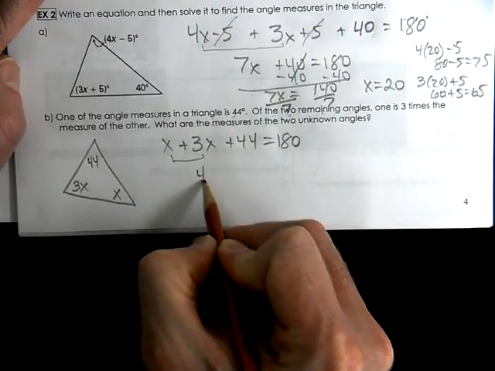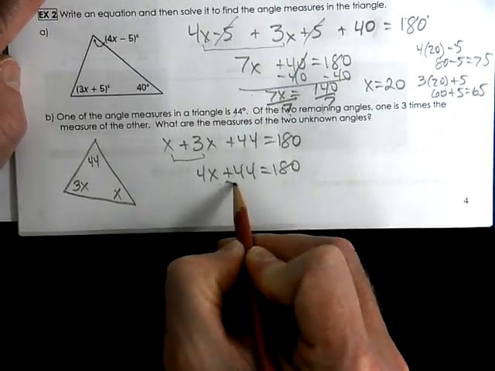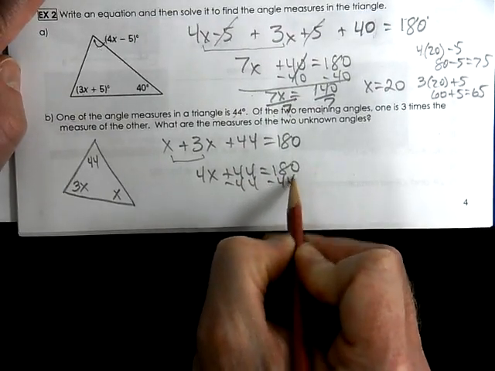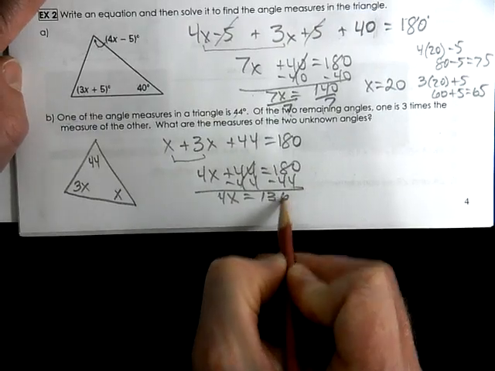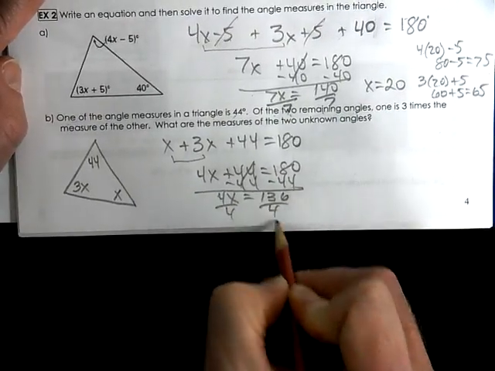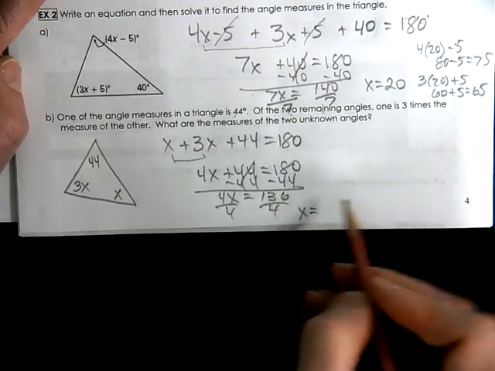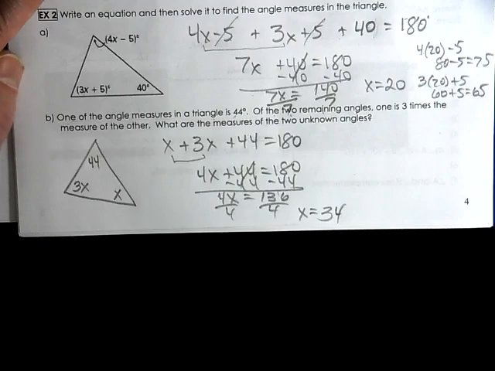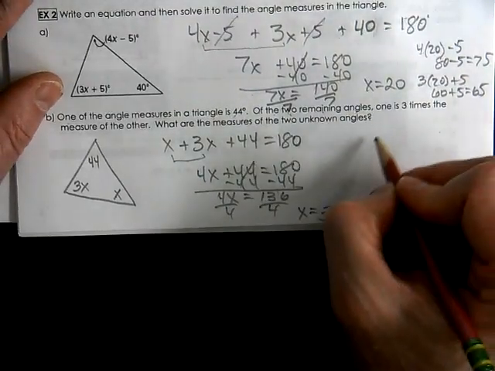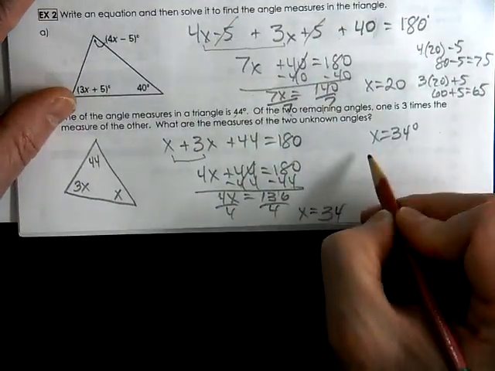Your like terms gives you 4x. You subtract the 44 and get 136. 4 goes into 13 3 times with 1 left over. So the x is going to be 34. The missing angle is going to be 34 degrees.